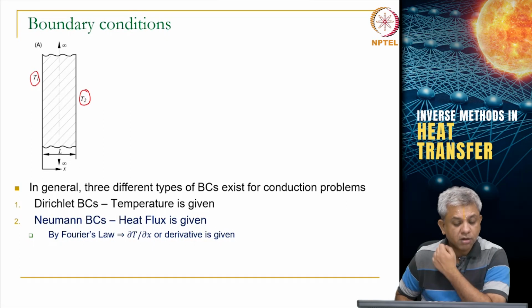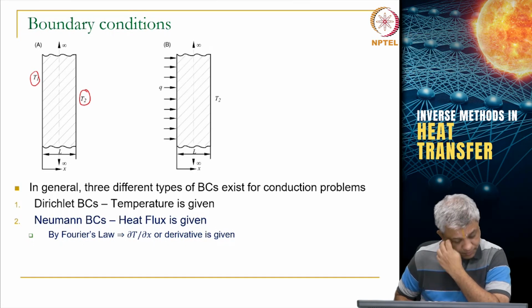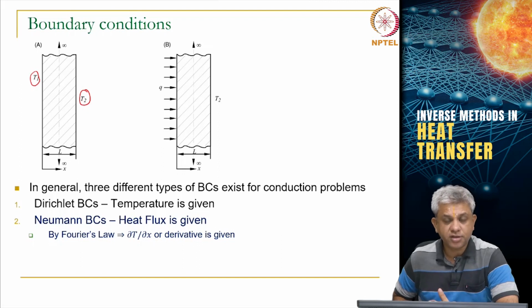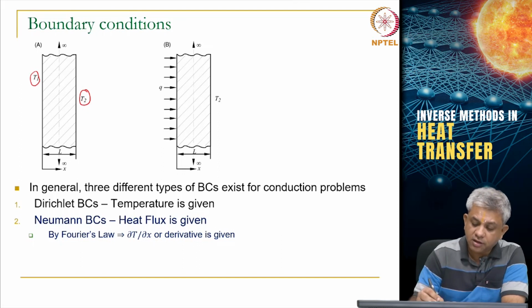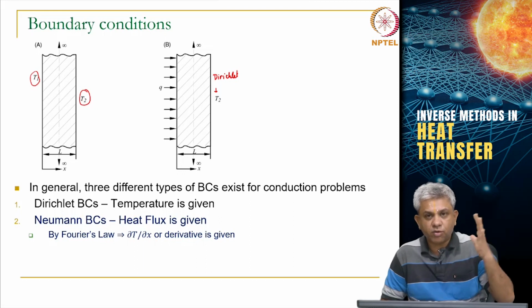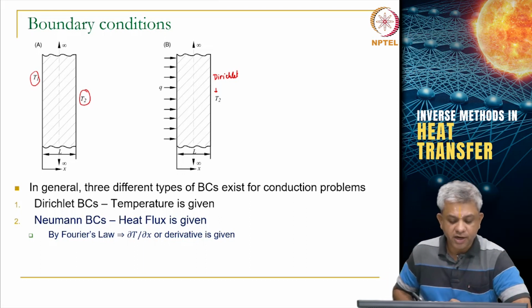This is what is known as Dirichlet boundary conditions, because temperatures are given. You have Neumann boundary conditions. Neumann boundary condition means that a heat flux is given. For example, this side here temperature is given, so this side is Dirichlet, but on the other side, let us say some heater is given and you know that it is actually providing constant heat flux.